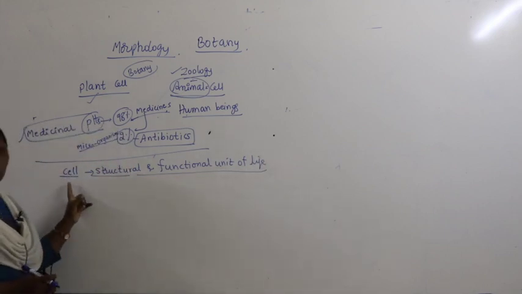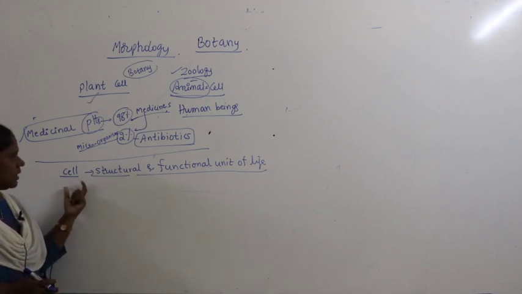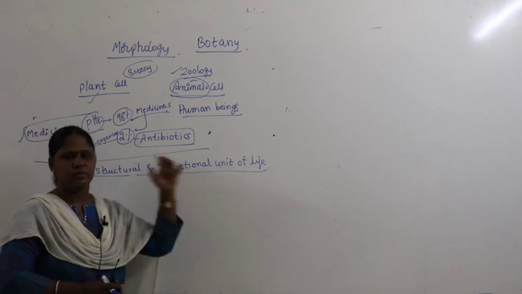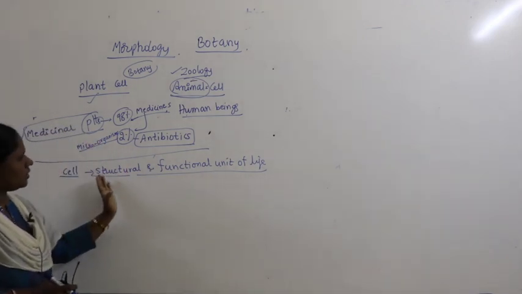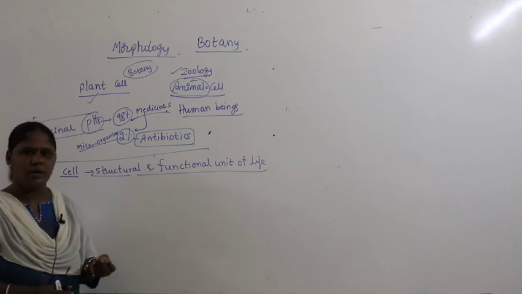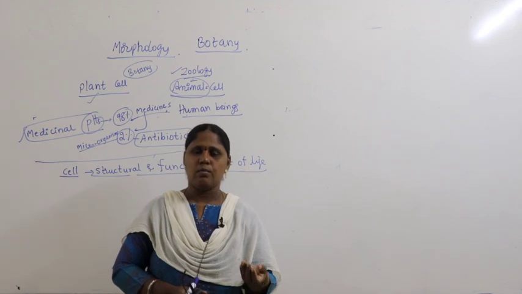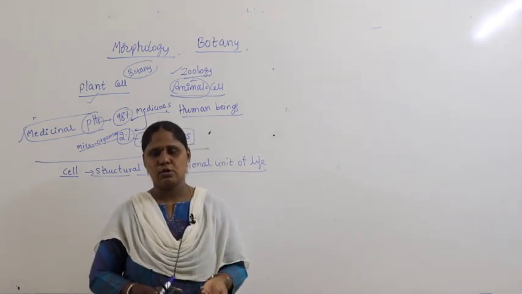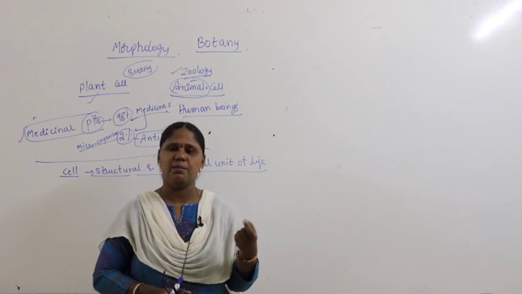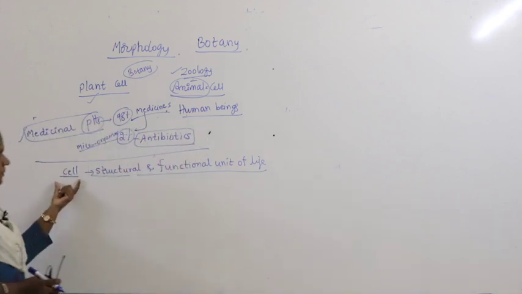So, what is a cell? Cell is nothing but the structural and functional unit of life. What exactly is the meaning of that? In chemistry you might have studied about atoms and molecules, all molecules join together. The lowest unit which is very basic for life is what we call the cell.